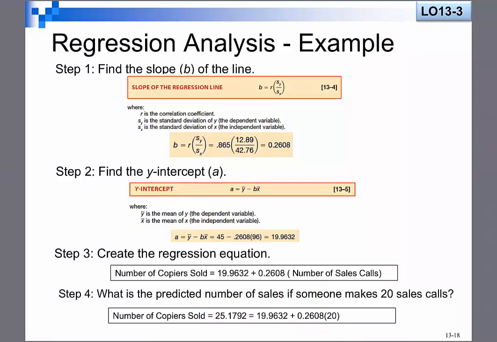If you say instead of 20, 30, then just replace that with 30, and of course, you'll get a new Y. If you want to go 3,000, just replace it, and again, you'll get a new Y. So the point of creating the regression equation is to allow us to predict a Y with any given X.